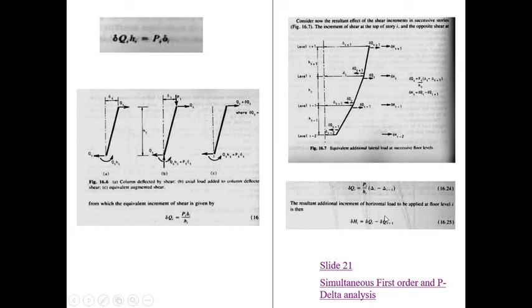It will be equal to P of I plus 1 divided by H of I plus 1, and this will be delta of I plus 1 minus delta I. So delta Q of I plus 1 is nothing but Pi plus 1 upon Hi plus 1, replacing I as I plus 1, and delta here will be delta of I plus 1 minus delta of I. That is what you will be getting here.